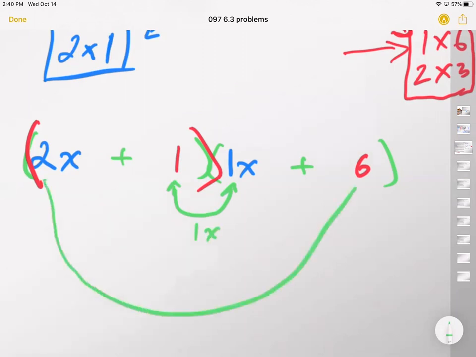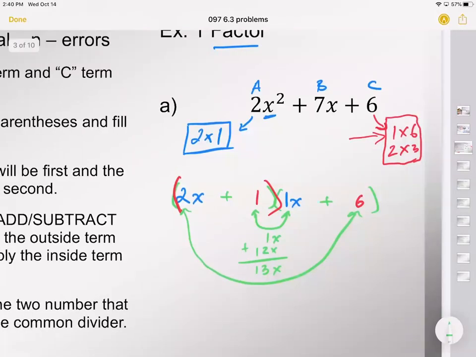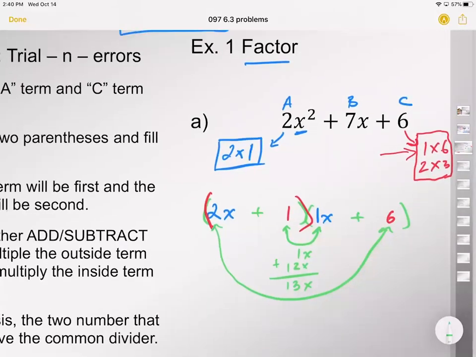Take these 2 numbers and multiply together, 2 times 6 gives me 12. If you add these 2 together, do you agree that this will give me 13? And is that the middle number? Well, the middle number is not 13, so I cannot use that.